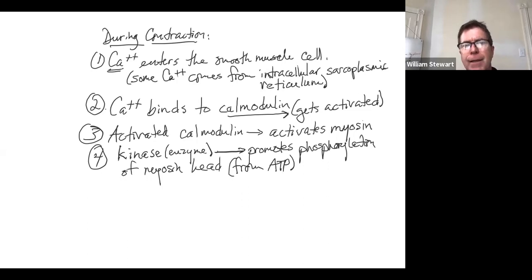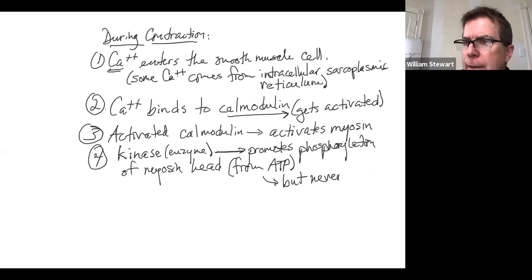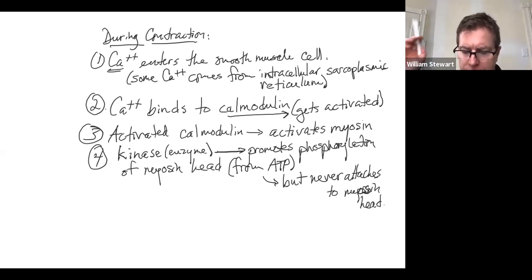But what happens is ATP technically doesn't attach to the head of myosin like it does in skeletal muscle. It donates its phosphate while it's never really attached to the myosin head. So from ATP, but the whole molecule ATP never really attaches to the myosin head. It just gives up its terminal phosphate to that myosin head.